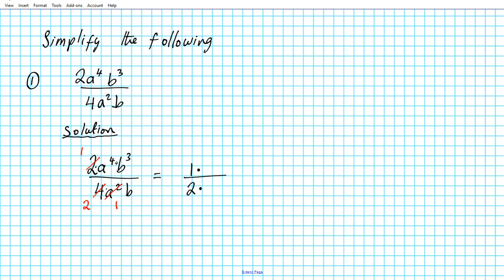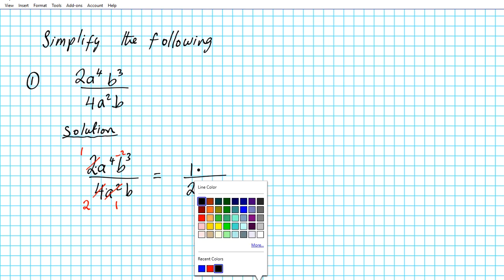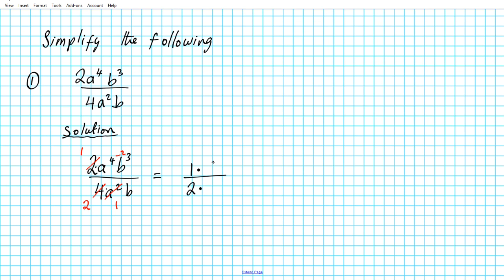And then we're going to subtract. You see this 2 right here? We're going to subtract it from the power on the top in the numerator. So that's going to be a raised to the 4 minus 2. This 4 minus 2 basically indicates the division process as indicated by the quotient property of exponents.